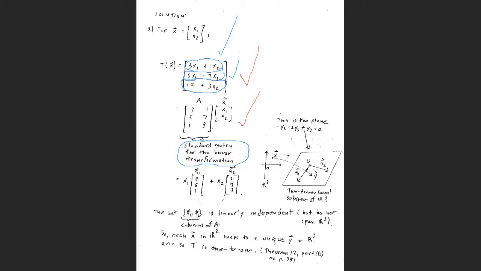So I'm taking this problem and trying to make it more concrete. And the goal is we want to show if T is a one-to-one linear transformation.